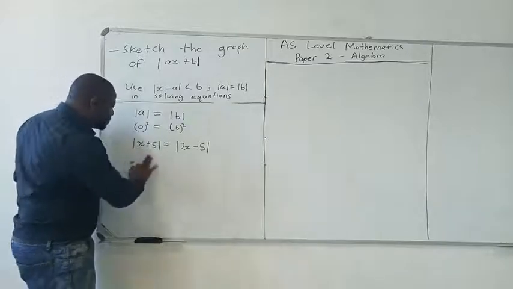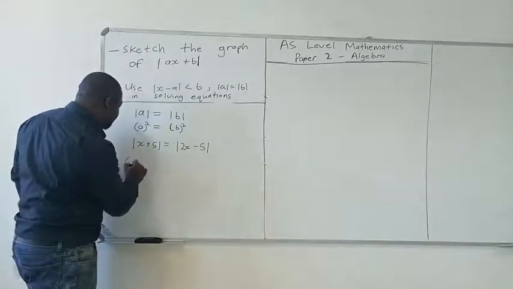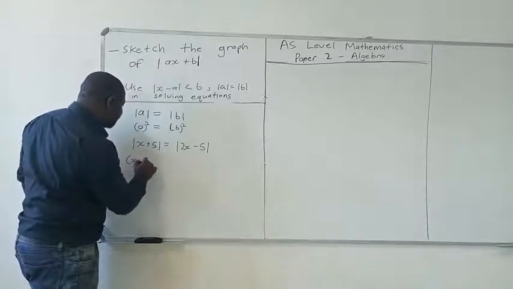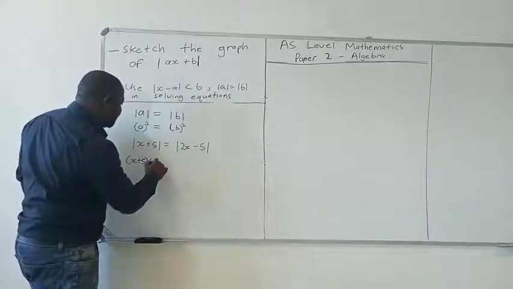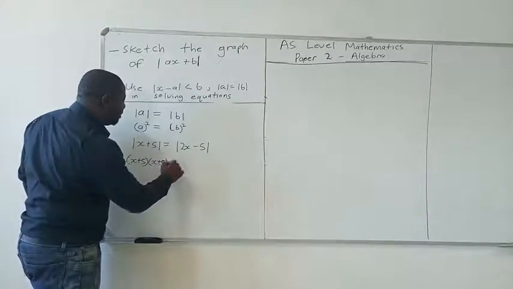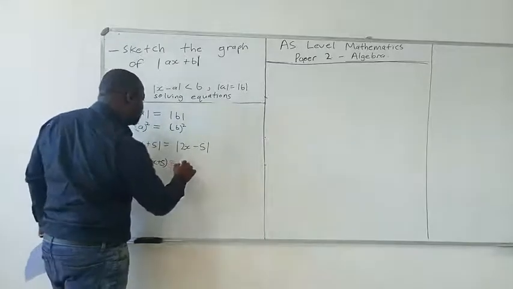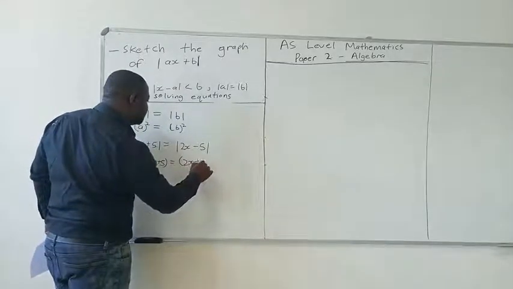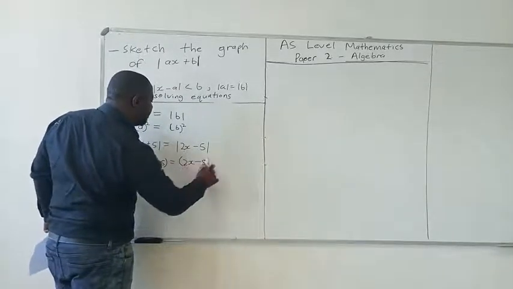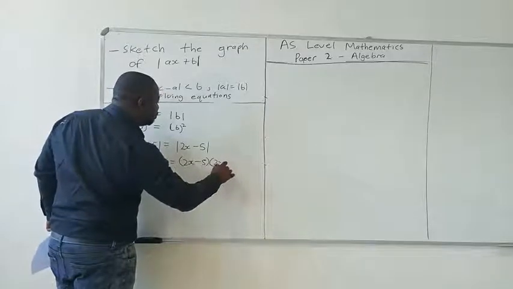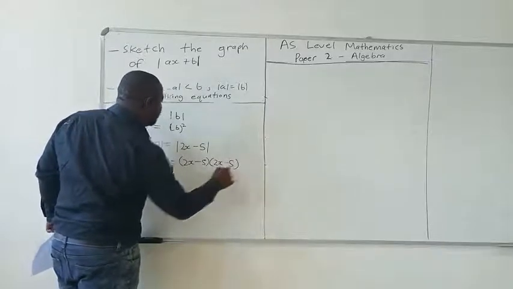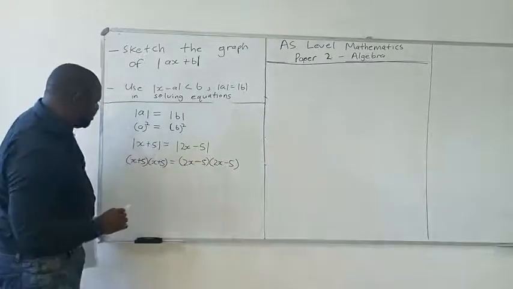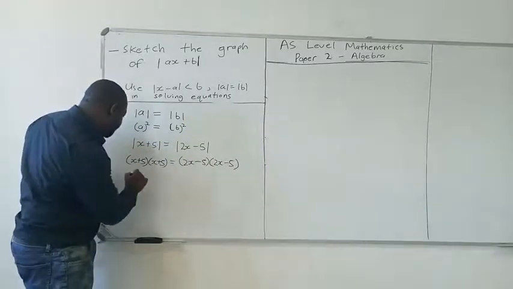So, in this case, we're going to do the same thing. (x plus 5)(x plus 5) is equal to (2x minus 5)(2x minus 5), and then we simplify.